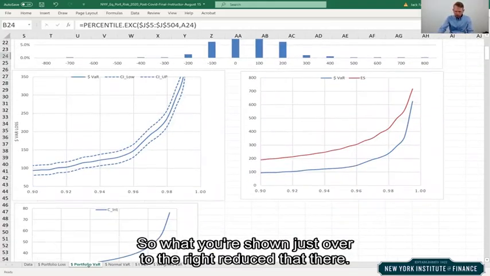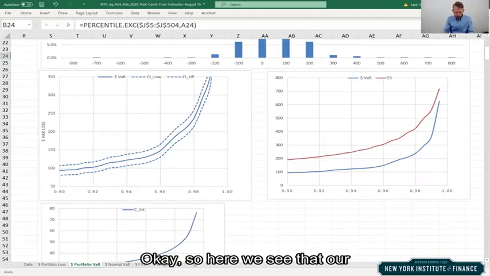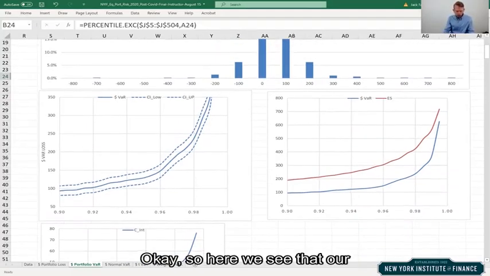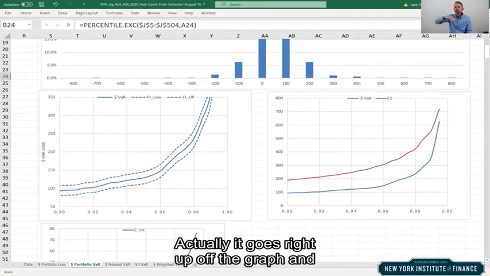Let me just put that there. Okay, so here we see that our value at risk is much higher than before. And actually, it goes right up off the graph.